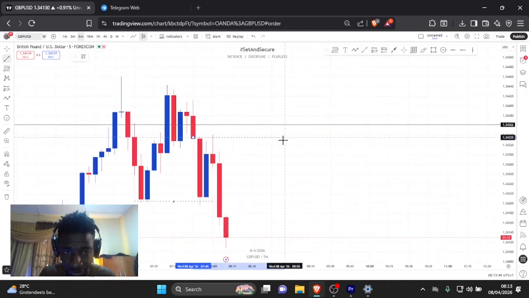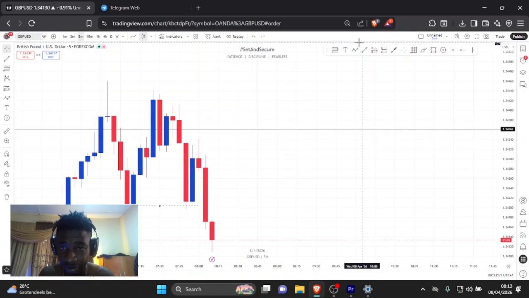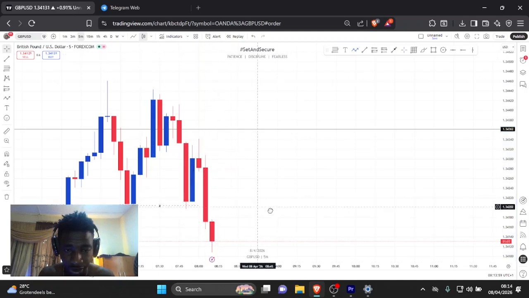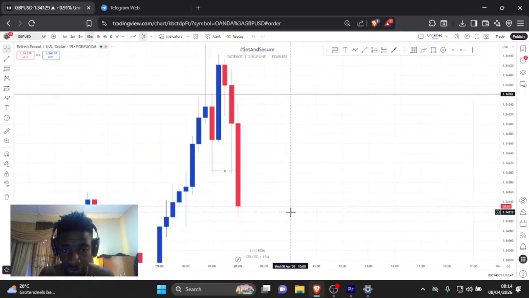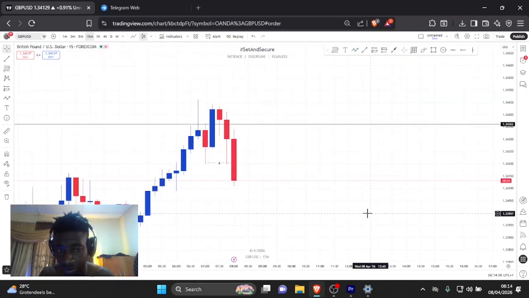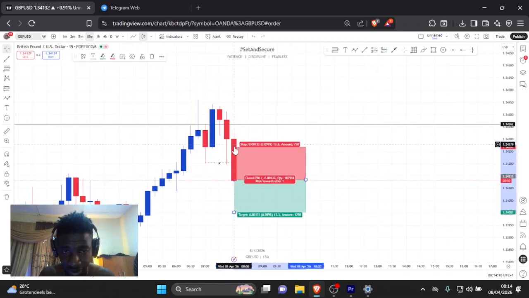We got a liquidity sweep, then we got a positive break. We have this one, two, boom, positive break, three. So what I'm waiting for now is the 15-minute candle to close. This is going to close any minute now. Once it closes, I'm going to be selling this.